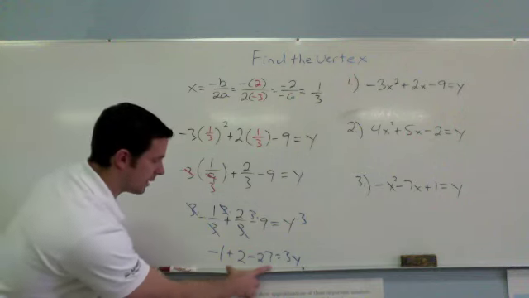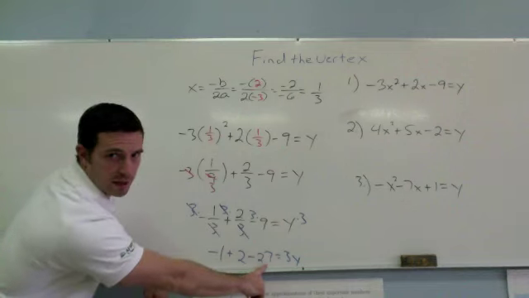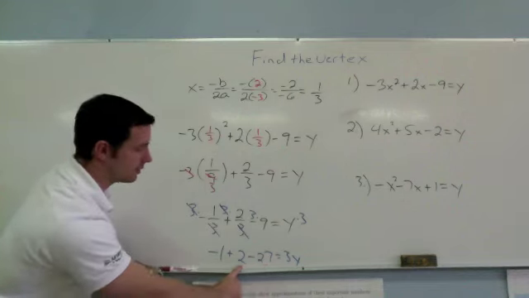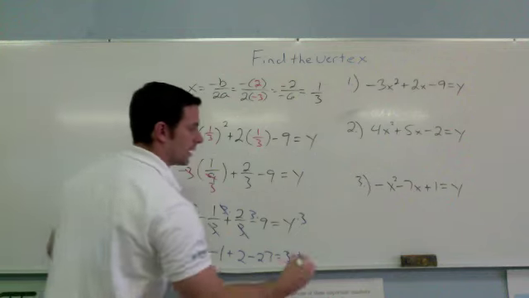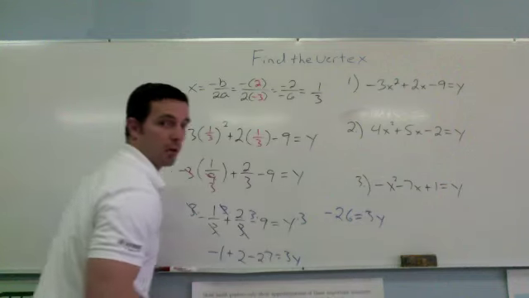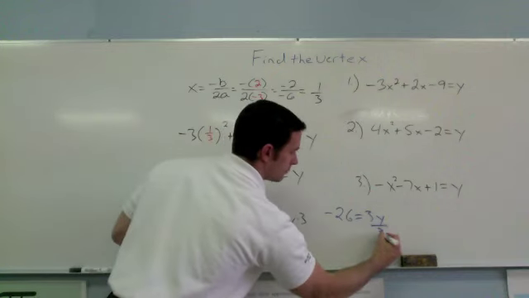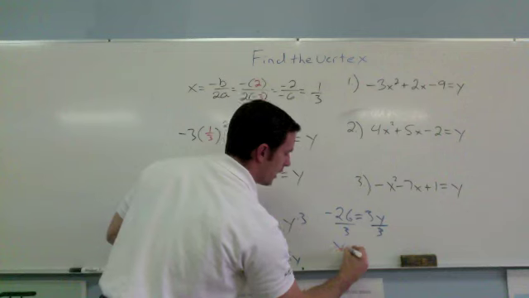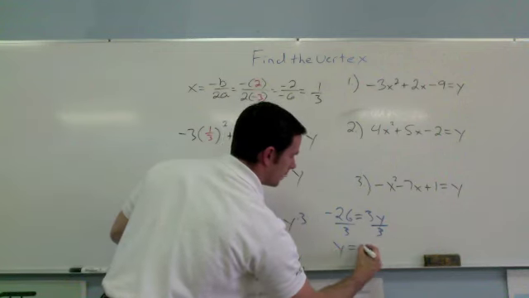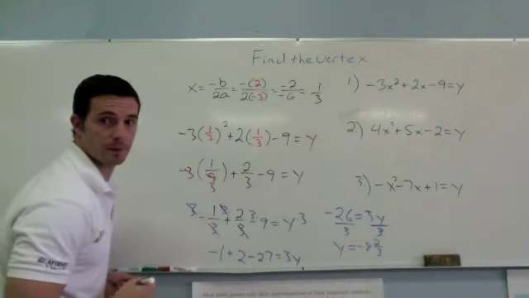From here, combine these together. Negative 1 and negative 27, that's negative 28. Negative 28 plus 2 gives me negative 26. So I have negative 26 equal to 3y. Divide by 3. So y will equal negative 8 and 2/3.